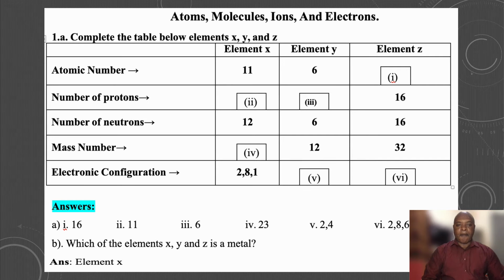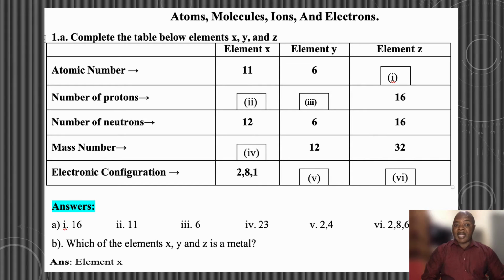Then 4, the mass number. The mass number for element X has not been given. But based on the information that we have been given, remember that the proton number and the number of neutrons give us the mass number.